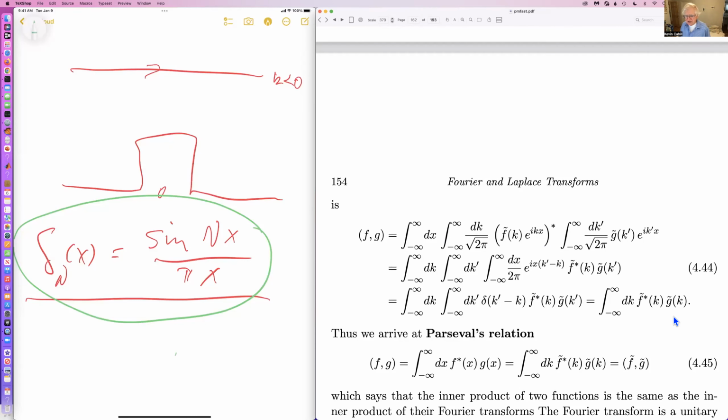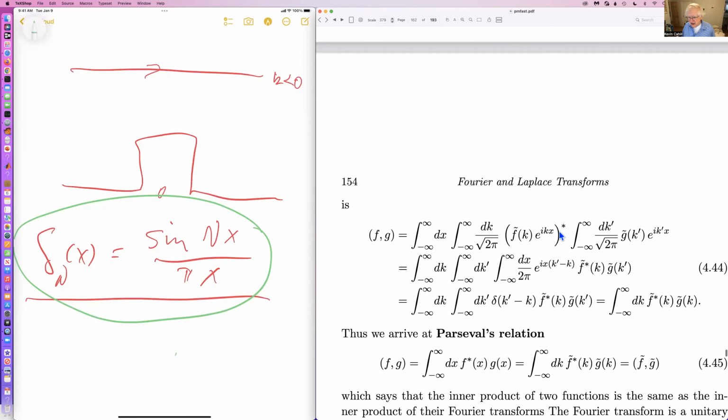It's an integral dx, and if we write it in terms of Fourier transforms, we have here f written in terms of its Fourier transform, and then complex conjugated. Here's g written in terms of its Fourier transform. And now we put them all together, and we see we have an integral dx e to the i(k prime minus k)x over 2 pi. That's delta of k prime minus k, and that gives us this integral.